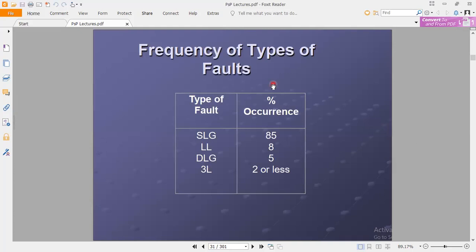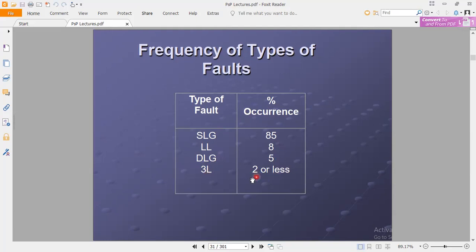Now the frequency of types of fault. The most frequent fault would be the single line to ground fault, with 80% occurrence in nominal conditions. Line to line fault occurs in 8% of normal practice, but double line to ground fault occurs in 5% of cases. And when three lines combine at a single location, that percentage would be 2% or less.